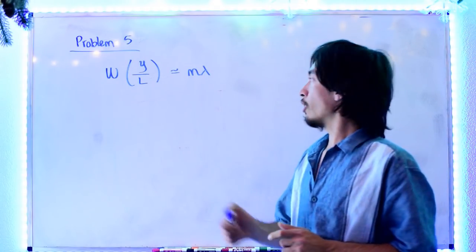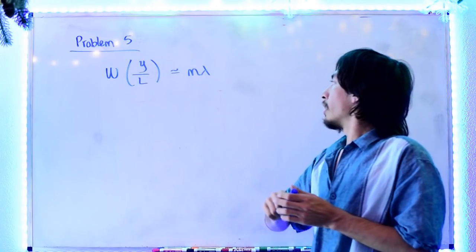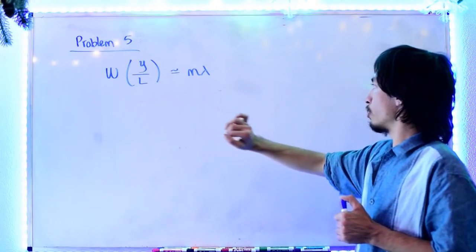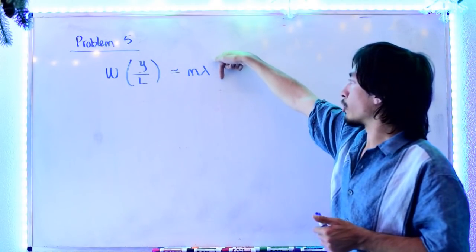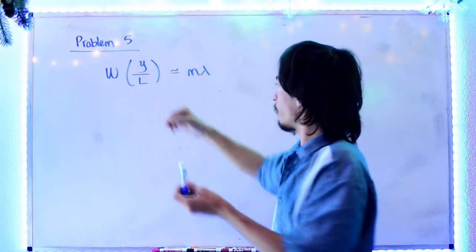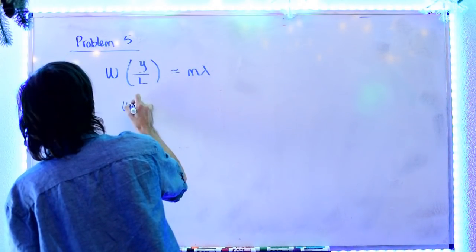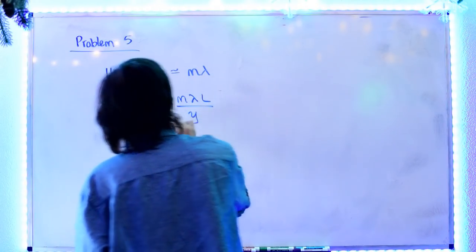So now, in order for the equation to remain equal, you can do one of the following things. You could perhaps, if W is decreasing, you could decrease the wavelength. That's a possibility. Now, especially if you move the stuff to the other side, let's do that actually. The width is m lambda L over y. Okay.